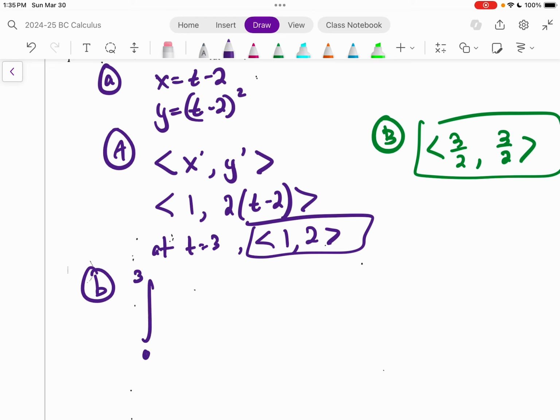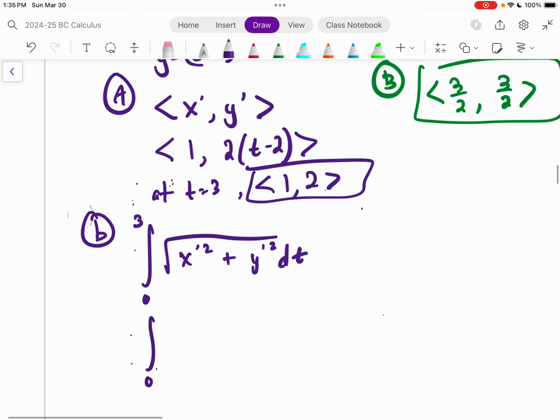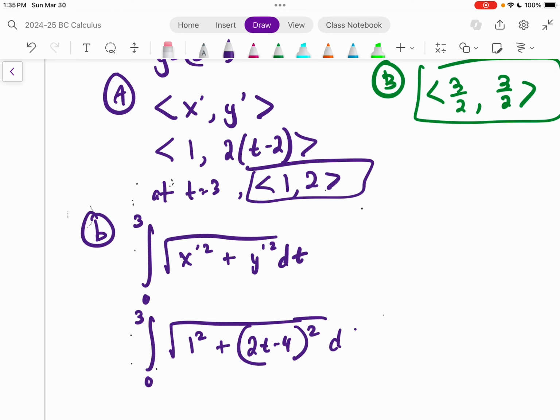My time t equals 0 to t equals 3 of the square root of x prime squared plus y prime squared, that's what we just said that was, dt. So this is going to be the integral from 0 to 3 of the square root of 1 squared plus 2t minus 4 squared dt.